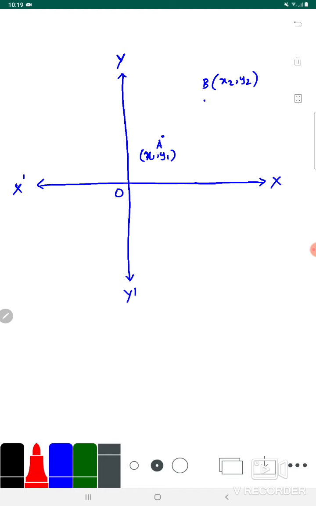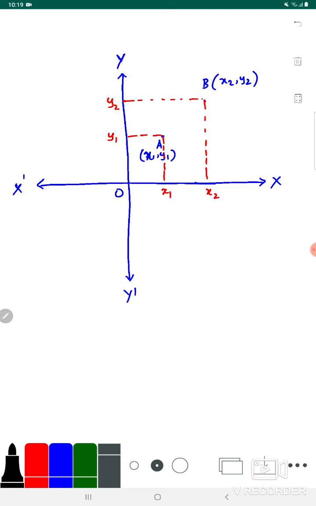Now this means this point A has travelled a distance of x1 units on the x axis and a distance of y1 units on the y axis. Similarly, this point B has travelled a distance of x2 on the x axis and a distance of y2 on the y axis. Now I want to find the distance between point A and point B.